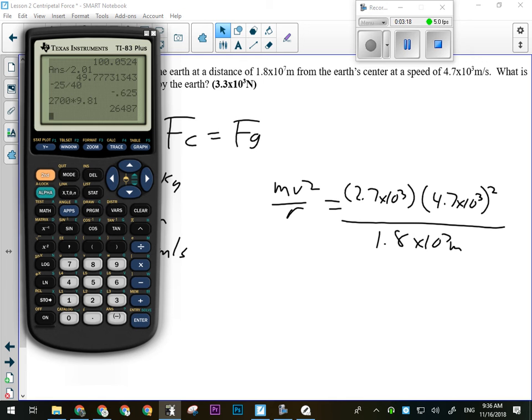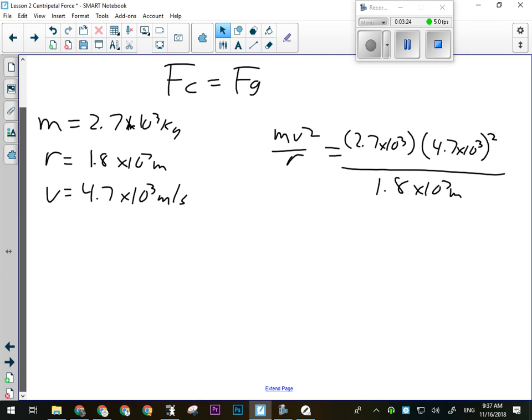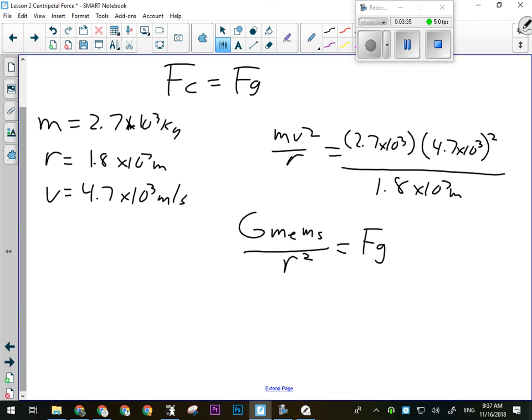The further away from the Earth I get, the less the pull of gravity becomes because of the formula I had up here a second ago. This formula here, big G times the mass of the Earth times the mass of the satellite over r squared, is the formula for the force of gravity that I would use if I didn't know what little g was.